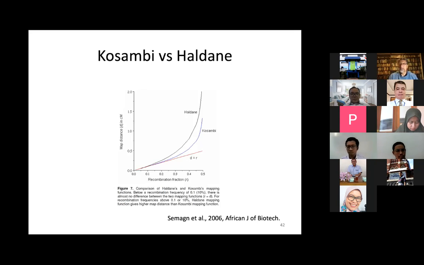Yes, good question. Well, it really gives you a small difference. It's not such a large difference, but it is a difference.